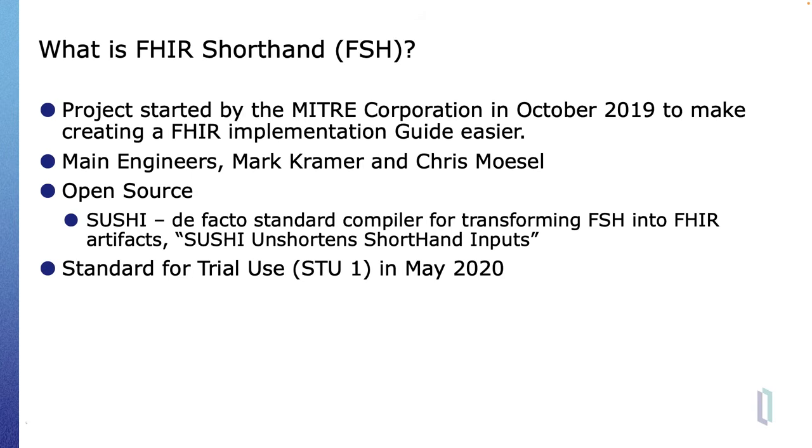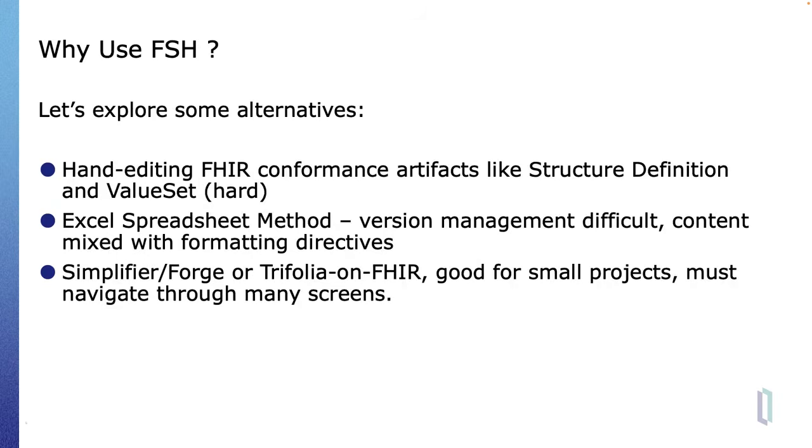Now, one thing you're going to notice is that the creators of FHIR Shorthand, the MITRE Corporation, love fish puns, hence FSH or fish. Nevertheless, in my opinion, FSH is the leading tool for building FHIR profiles and implementation guides, as we'll shortly see. FSH has excellent tooling, including a plugin for Visual Studio Code, which we'll soon use.